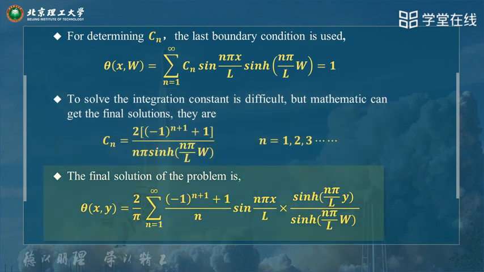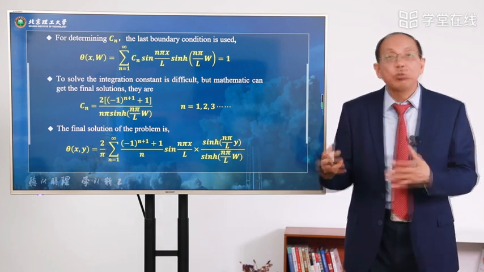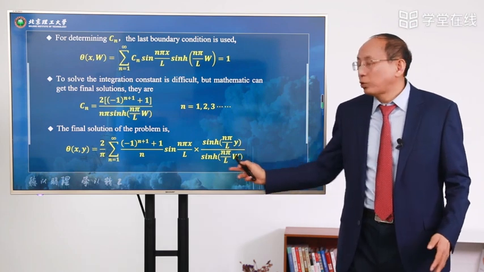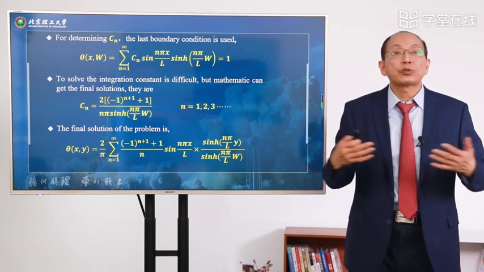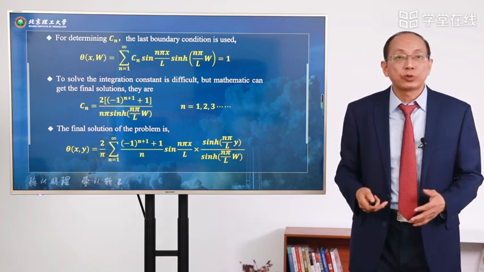So the final solution of the problem is finally obtained like this, many terms, a series in mathematics. So even this two-dimension problem is very difficult. Generally, conduction is very difficult to obtain a solution for.